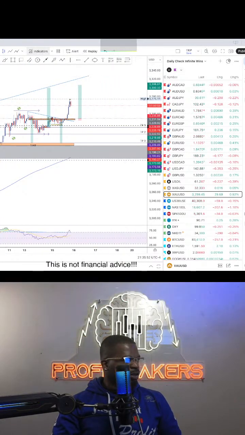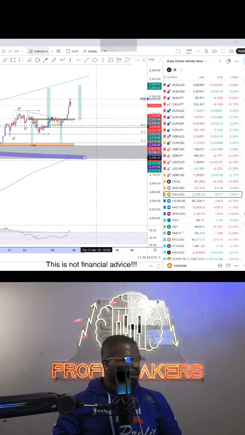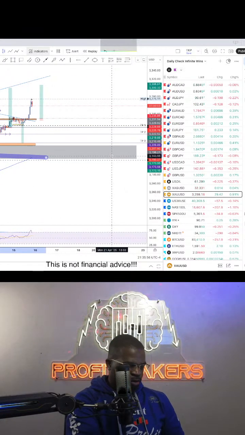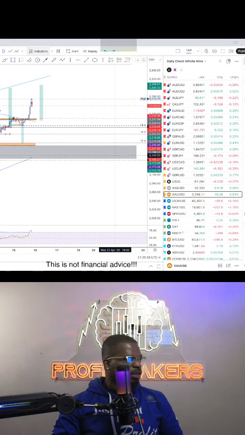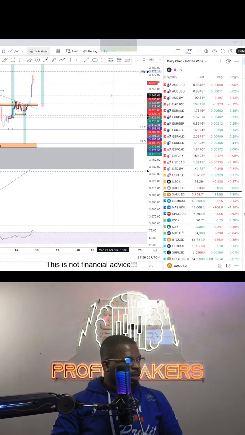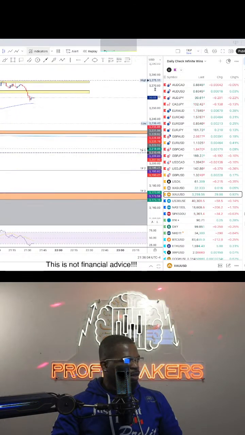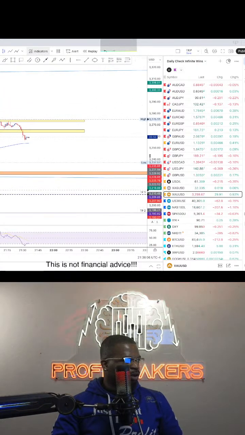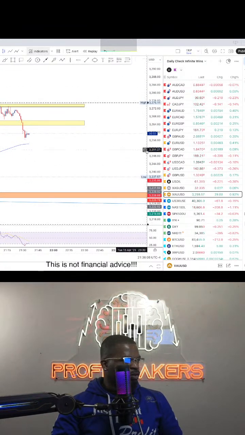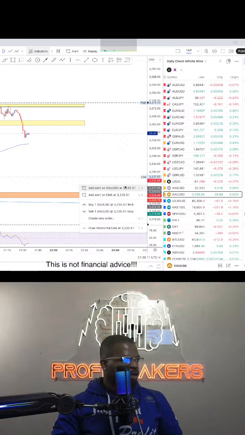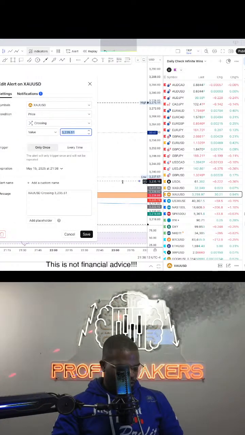Yep, Cezanne got an entry right here. Damn, that thing broke out of consolidation quick. That's cool. Let me set an alert down here. Let us know that it's headed towards our entry.